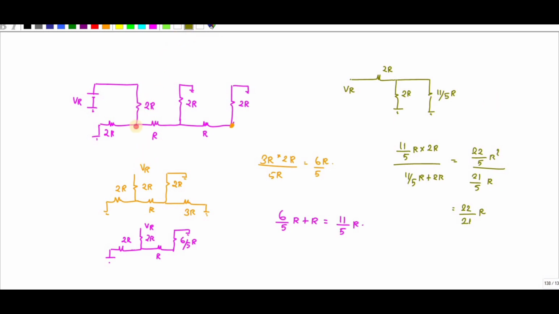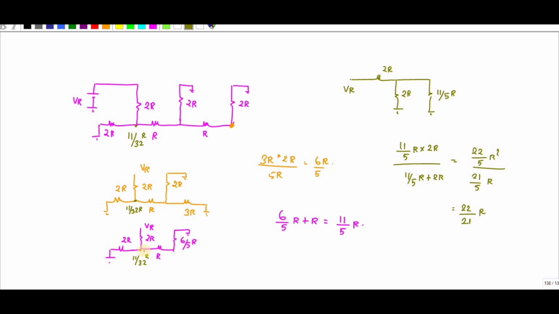So I have found that this point is 11 by 32 VR.